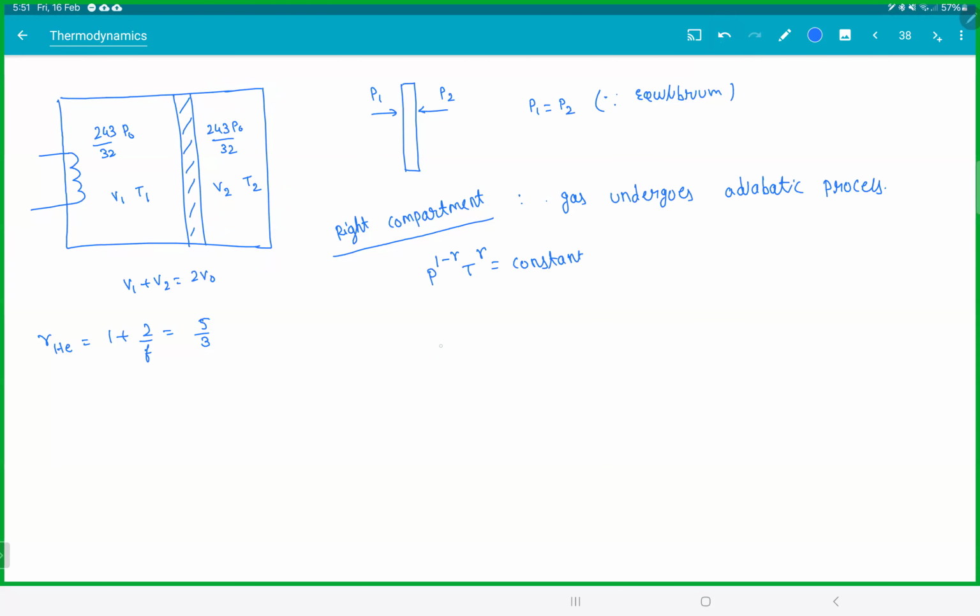I can write P naught to the power 1 minus gamma, T naught to the power gamma, is equal to the final pressure 243 by 32 P naught to the power 1 minus gamma, T2 to the power gamma. Then 1 minus gamma by gamma is 1 minus 5 by 3 over 5 by 3, which is minus 2 by 5.